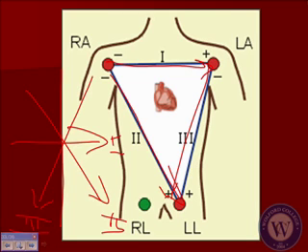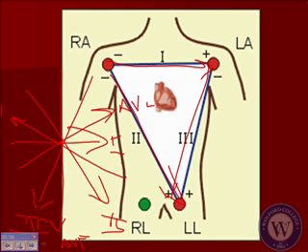In between, you have the AVL, this is AVF, okay? AVL and AVR. Okay, so each one of these lines is 30 degrees in rotation, okay? But you've got to know where the arrows are pointing. The arrows are pointing to the direction of positive charge, okay?